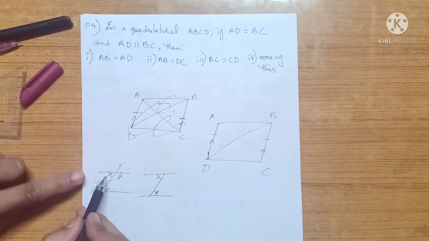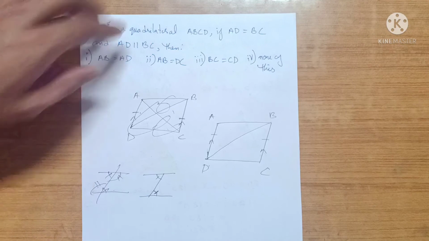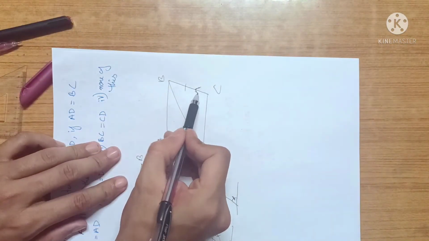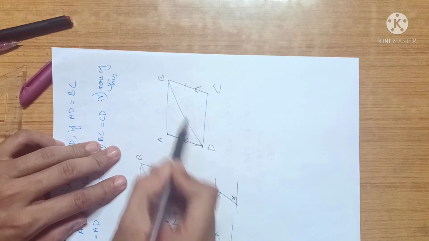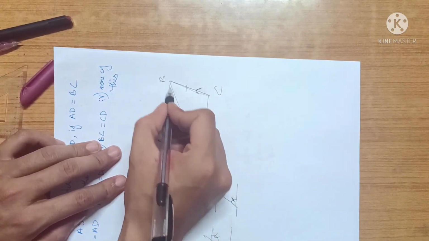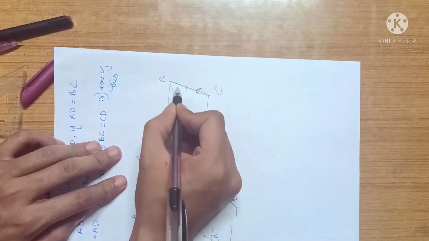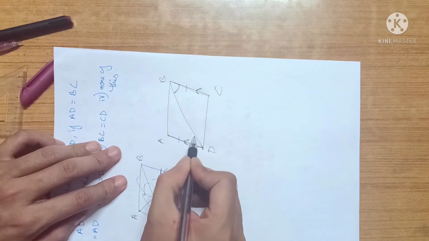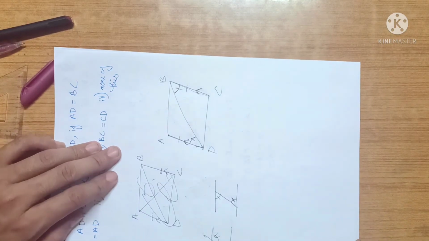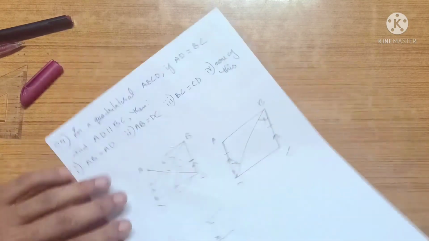So if I turn this diagram like this, we know that this line and this line is parallel. Look at this line joining the 2 parallel lines. So this and this angle will be equal, automatically, because of alternating angles. Got it?